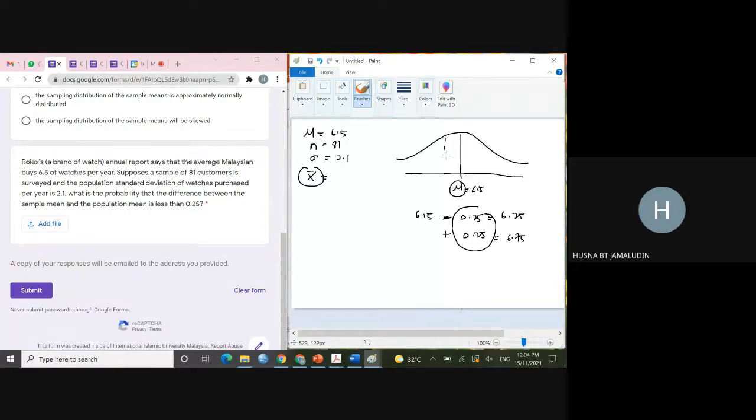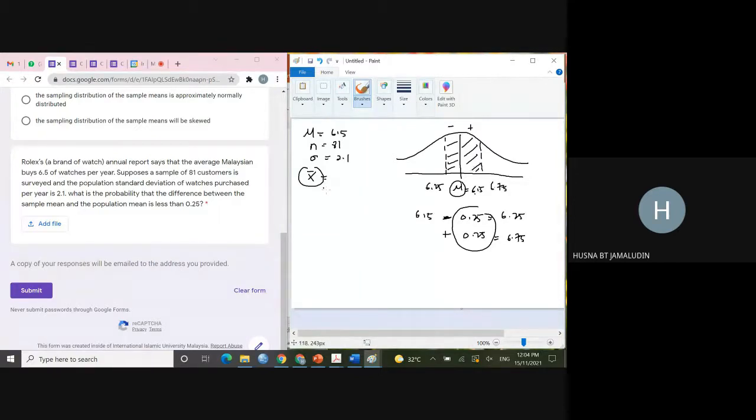So it wants to find this area, between 6.25 and 6.75. It wants to find the probability that the difference between the population mean and the sample mean is 0.25. Whether you minus or you plus, the difference will give you the same thing.